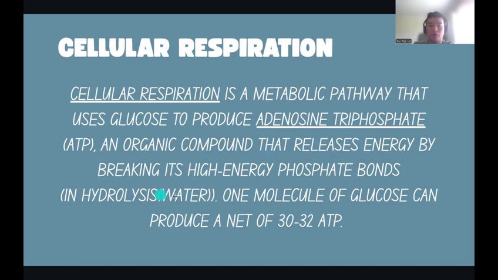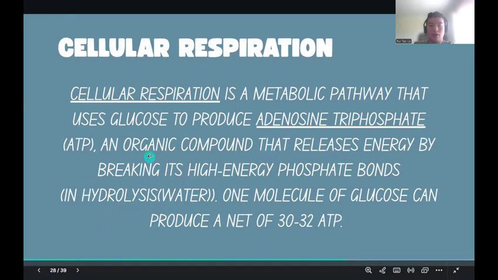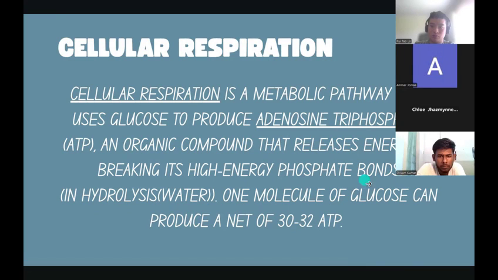So in hydrolysis, water is added and used by the reactant to split the product, and in condensation, two molecules join into one with a waste product of water. So one molecule of glucose can produce a net of 30 to 32 ATP.